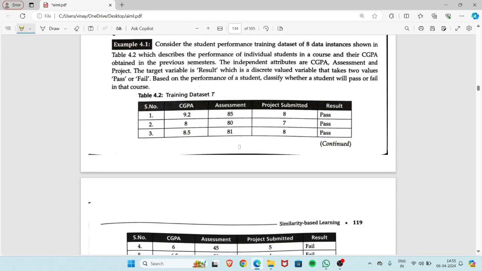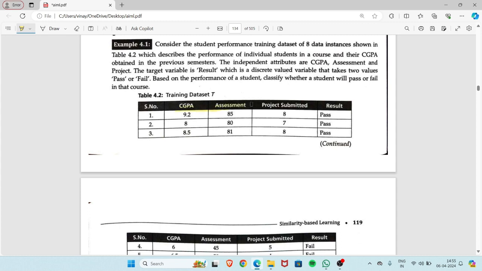So let's take the example of this data set. Consider the student performance data set of 8 data instances shown in table 4.2. This table describes the performance of individual students in a course and their CGPA obtained. The independent attributes are CGPA, assessment, and project.